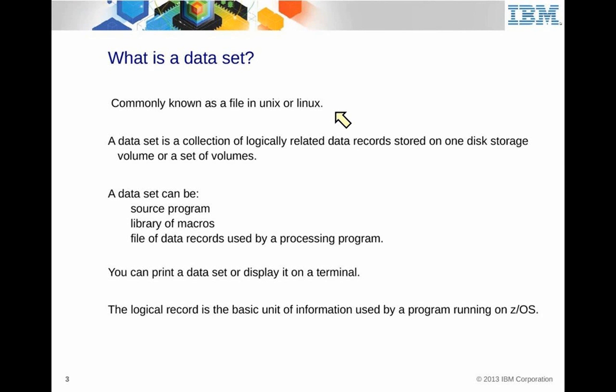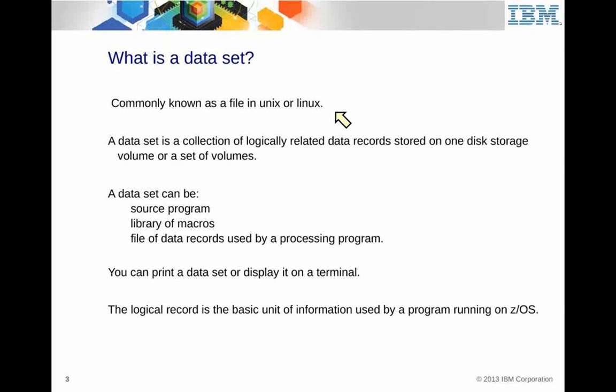Now, I actually emphasize that word data records for a reason, and I'm going to be describing that more later about records. So these data records are stored on disk or on tape, and they can be spanned across disk or tape volumes.